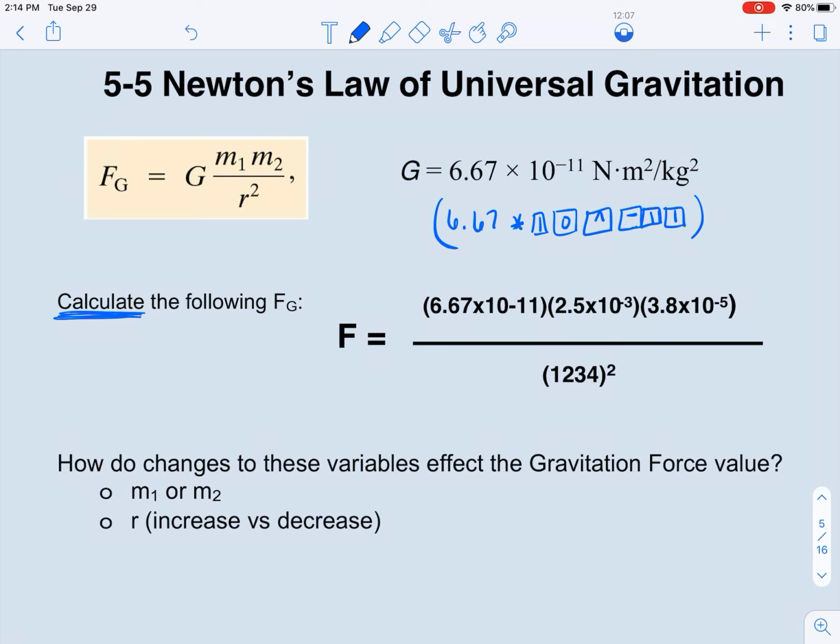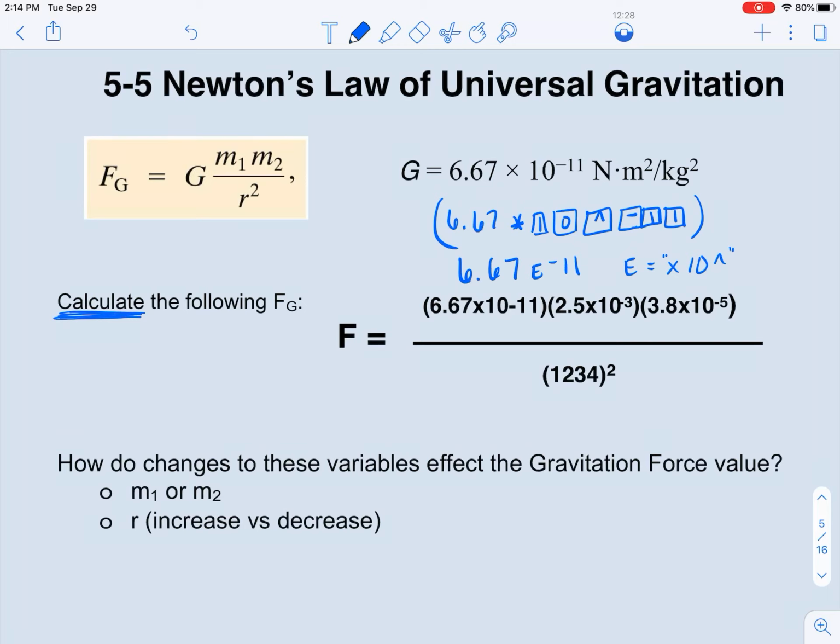I would prefer that you use your E button. So the way it will look on your calculator screen is like this. That letter E is going to take the place of the times 10 caret. So I would type 6.67, hit my E button, and then hit negative 11.